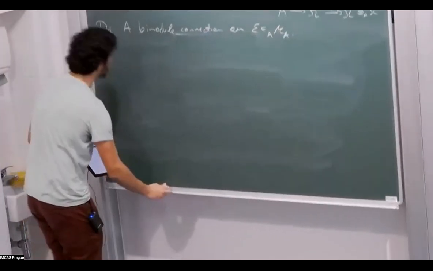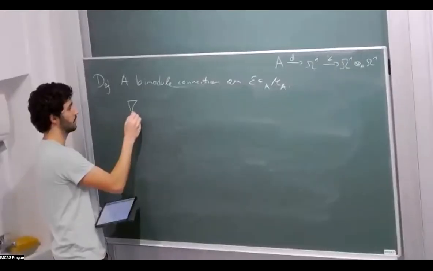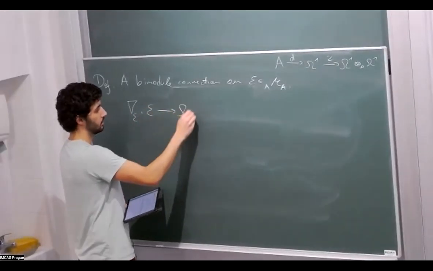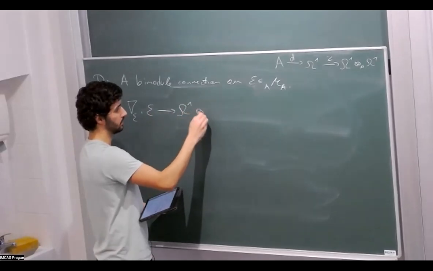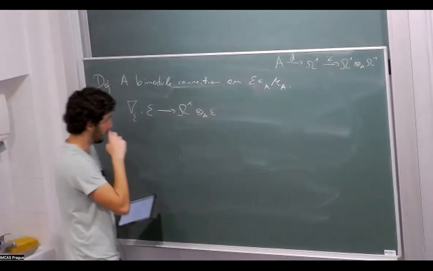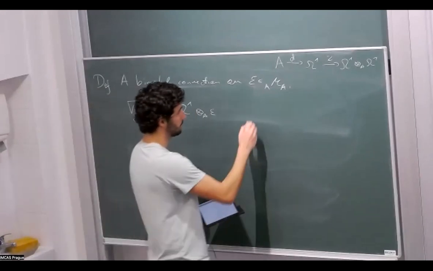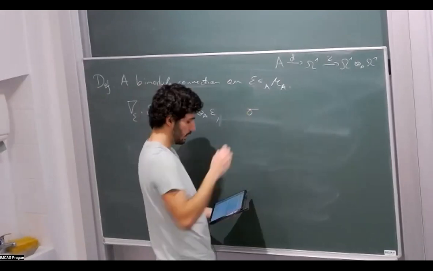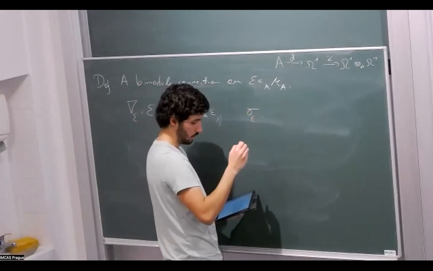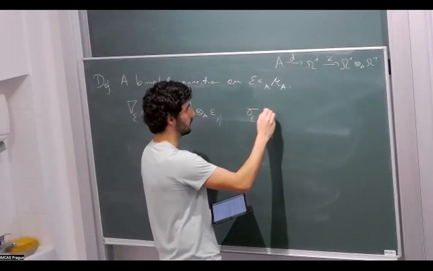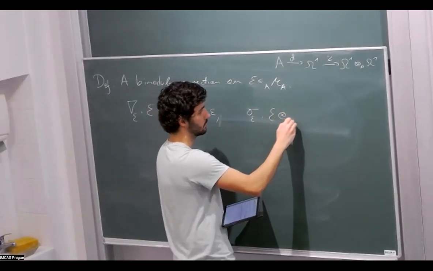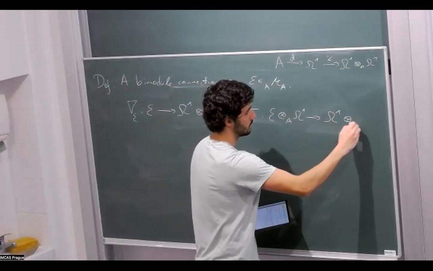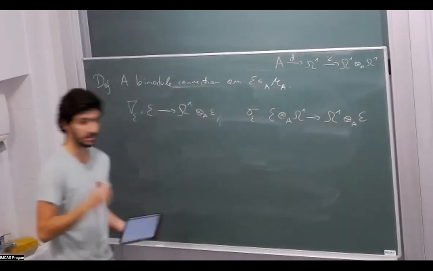This would be just a map that we write as nabla E, going from the module itself to omega 1 tensor A E. So this is the usual notion of a connection, if we take E to be just a section of a vector bundle. And then we have a braiding map, which braids the module itself with the space of 1 forms. And the reason why we need this is that we want the connection to satisfy some sort of Leibniz rule.